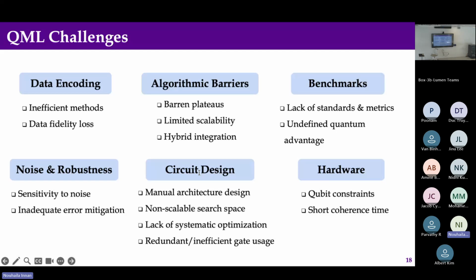So sometimes you try with different types of hardware, superconducting, trapped ion, and different ones. Sometimes it's suitable for this, sometimes it's not. So you need to take that into consideration.